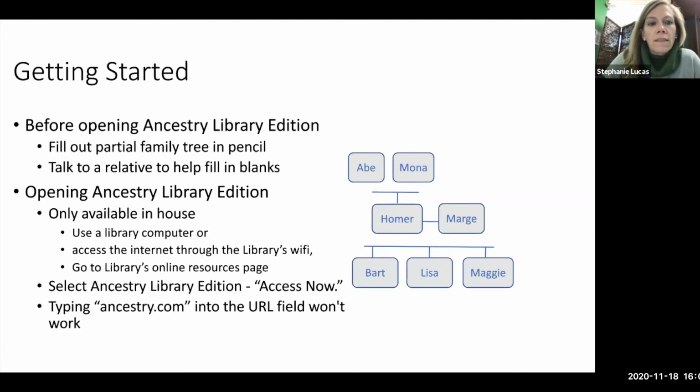And what they recommend is that you just take a piece of paper and start writing down what you actually know about your family. Your parents, your grandparents, your great-grandparents, as far back as you can remember. And that's something you can do on pen and paper before you even go into the website.